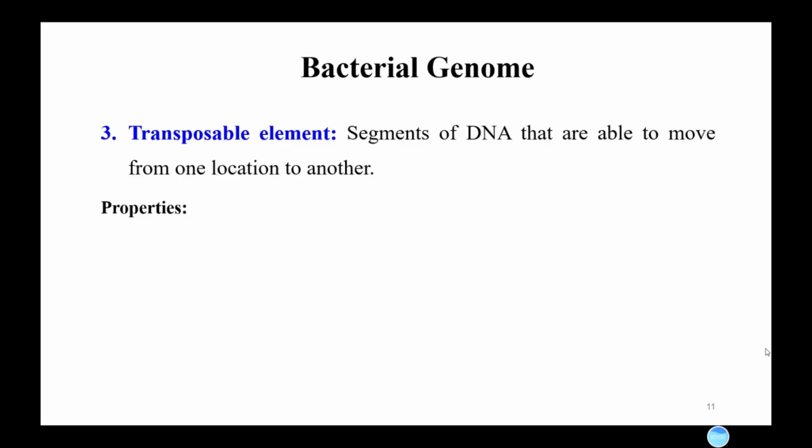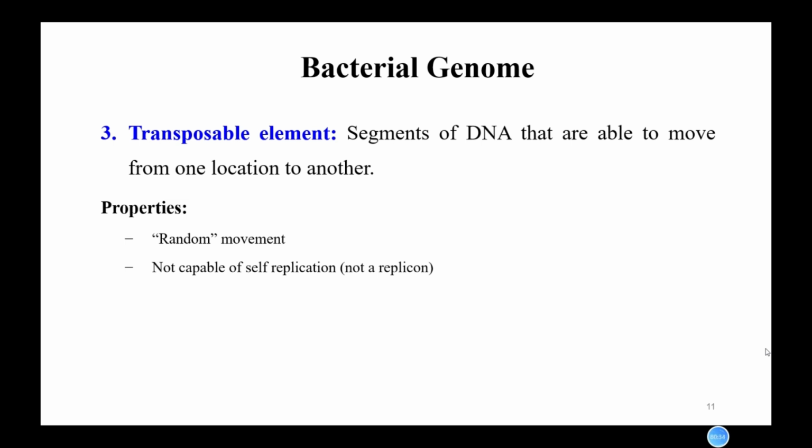So that's the segments of DNA which are able to move from one location to another. So this is an important feature in the DNA. Not only in bacteria, even in human genome, in the genome of plants, they carry the transposable element. And this movement looks like random movement. It's not a homologous recombination.